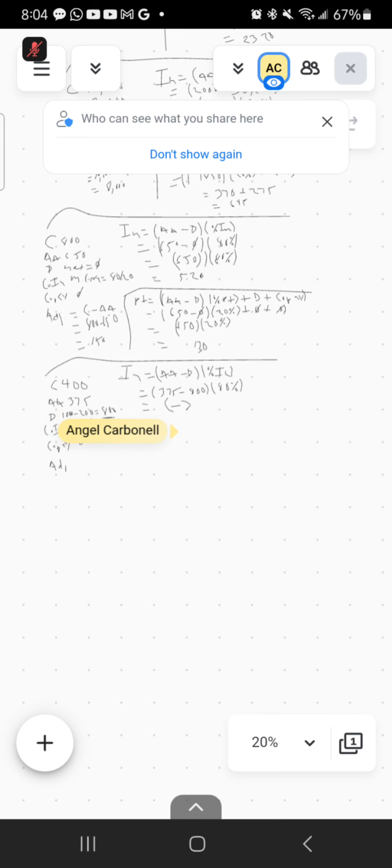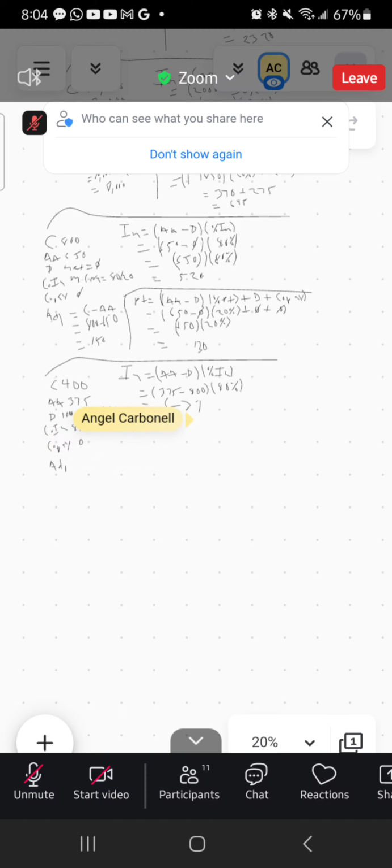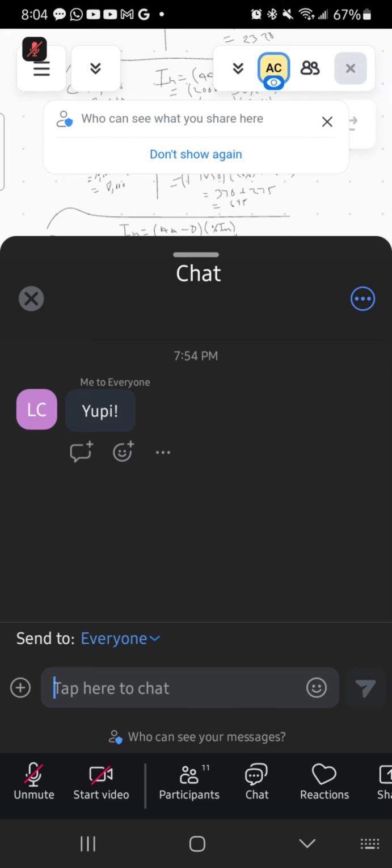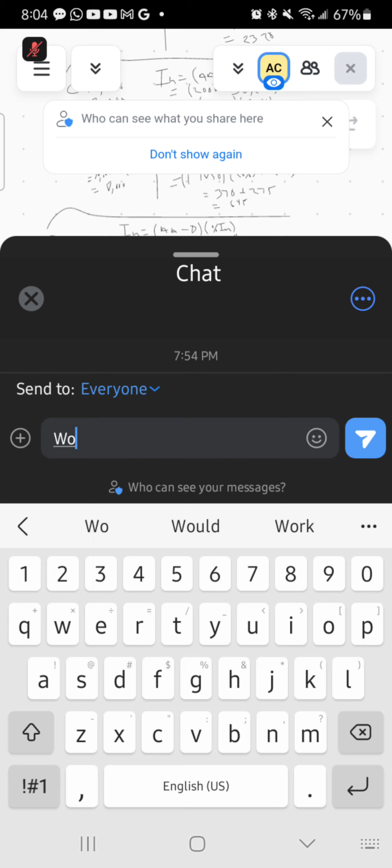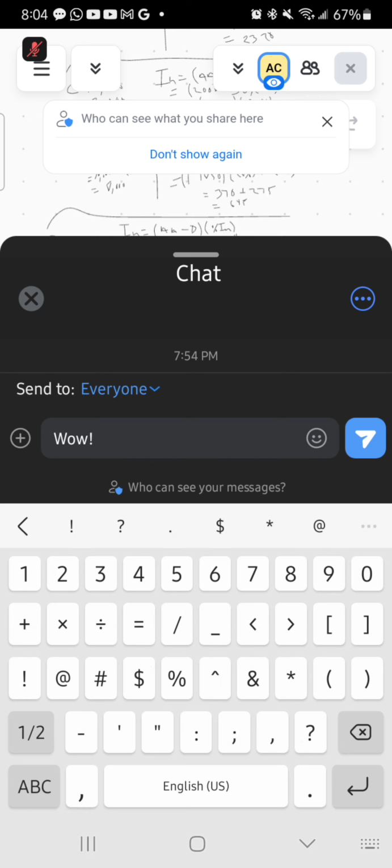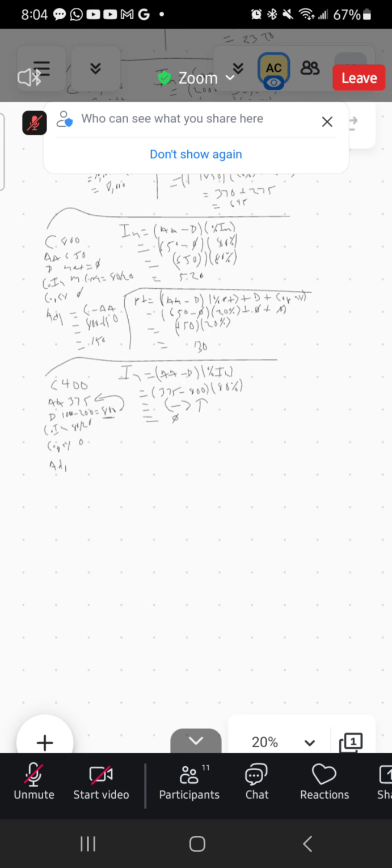So if it's a negative number, then you stop there and you say insurance pays 0. Because that means that the patient has not met their deductible, and the deductible is higher than the allowed amount. So if you do it correctly and the deductible is higher than the allowed amount, the insurance pays 0.